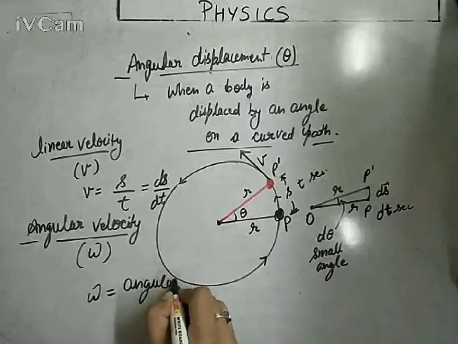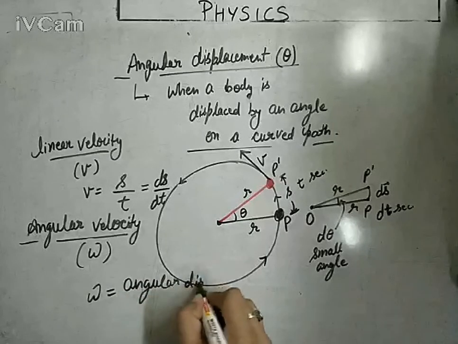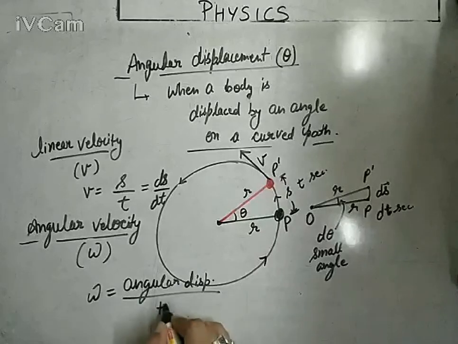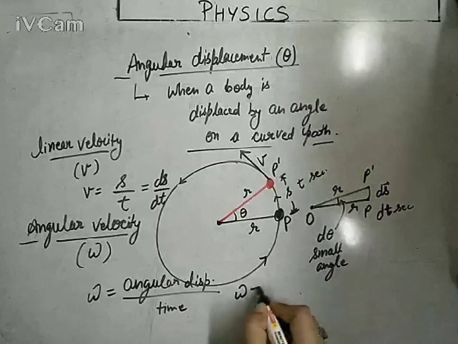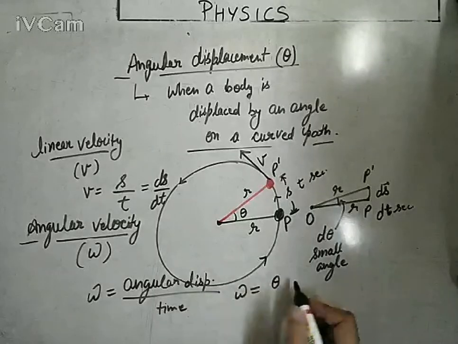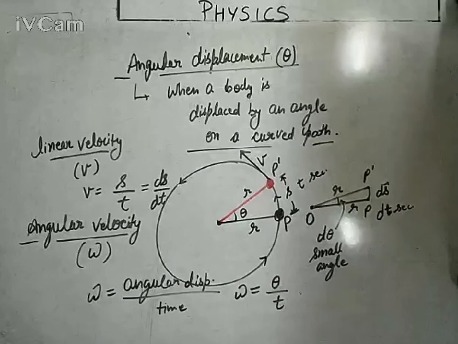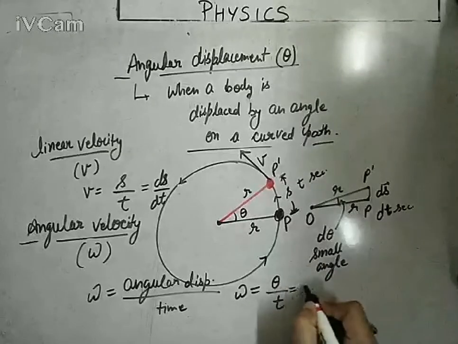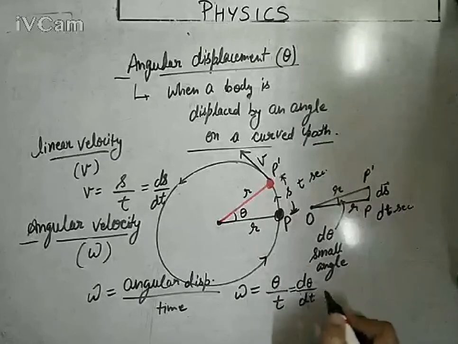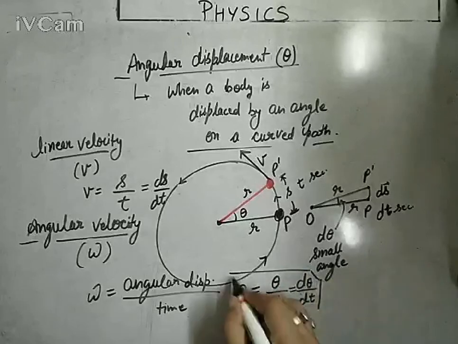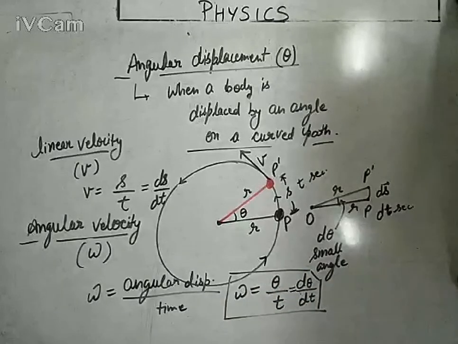Whatever it is, small or big angular displacement, it is simply angular displacement upon time. So we can make the formula: omega equals theta upon t, or for a small angle, d theta upon dt. This is the formula for angular velocity.